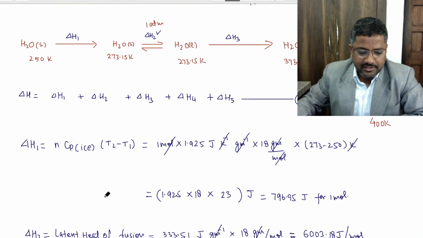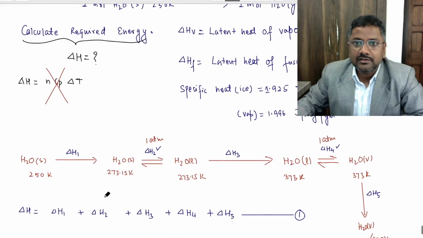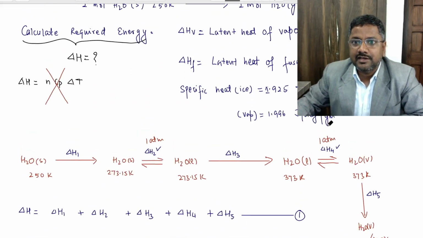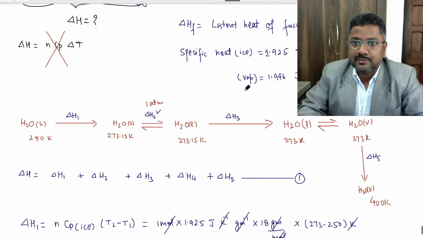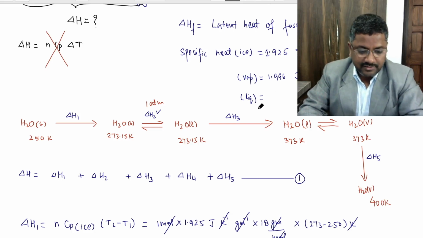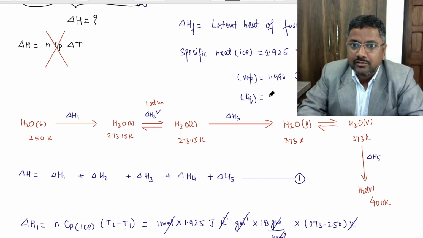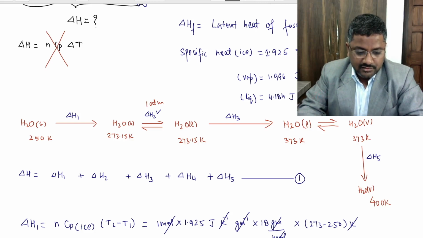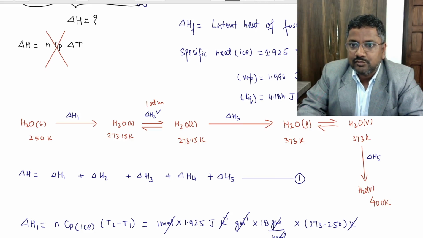So is Cp of liquid given or not? Cp of liquid is not given in the question. Specific heat of ice, vapor and liquid: Cp of liquid is equal to 4.184 joules per gram per Kelvin, right?